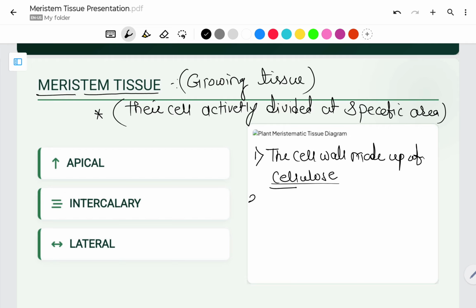Second characteristic, the cells have less intercellular space.